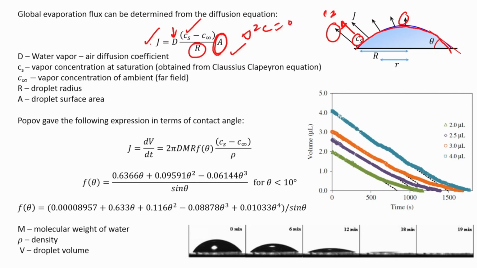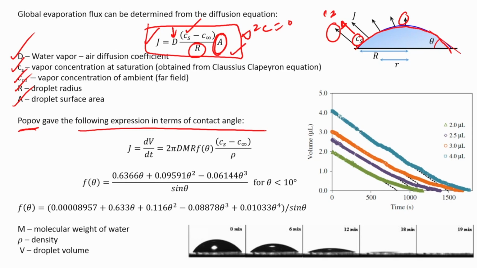So, D is the water diffusion coefficient, Cs and C infinity we already said, R is the droplet radius, A is the droplet surface area, all right. So, this is the most generic form that you can ever hope to get. However, Popov, okay, gave the following expressions in terms of the contact angle.